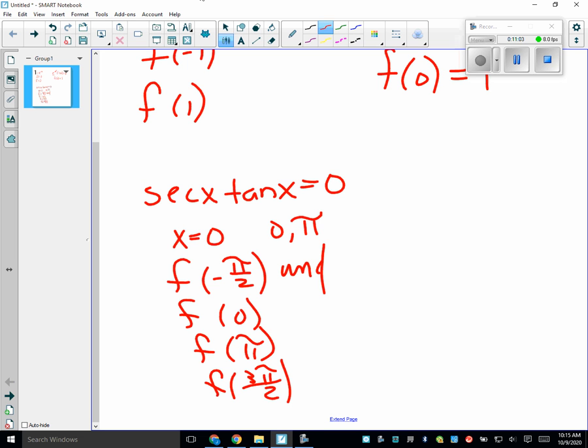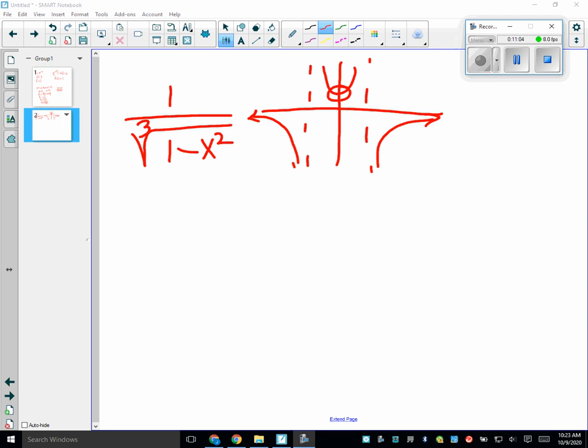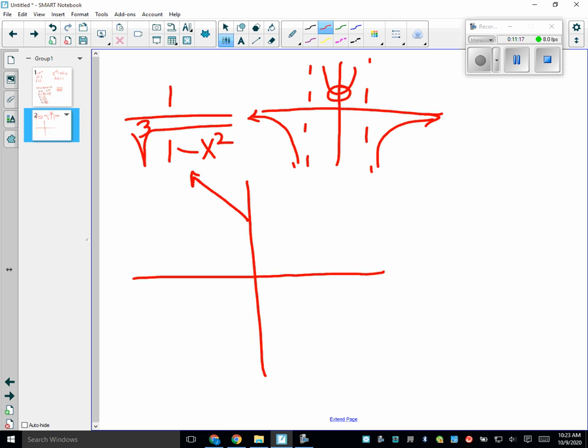I don't think there's a min. Right? Yes. What does it look like? I think it looks like this. Yeah, that's what I think 40 looks like. You agree?